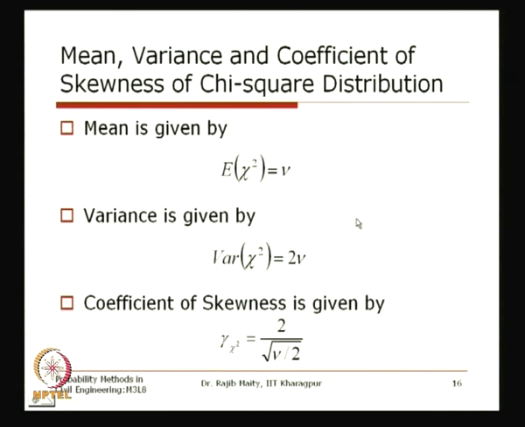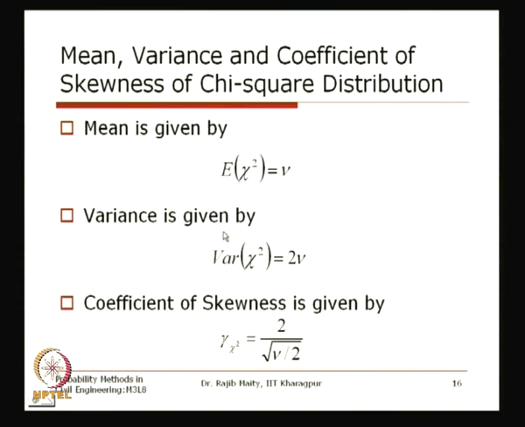Now, if we look at the initial few moments, there are some interpretations, particularly its skewness, as we have just seen from this graph. The first is its mean. The mean of this chi-square distribution is equal to its degrees of freedom, which is nu.